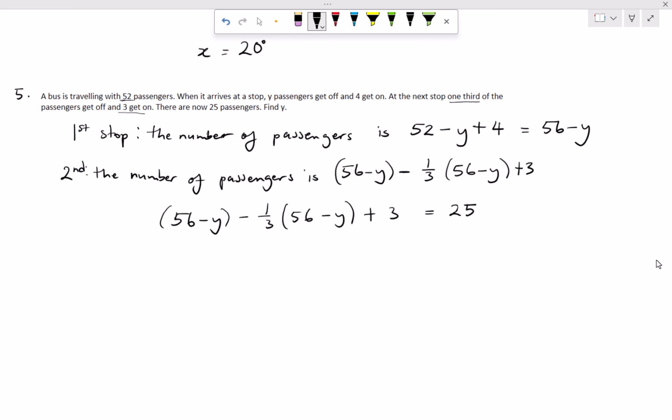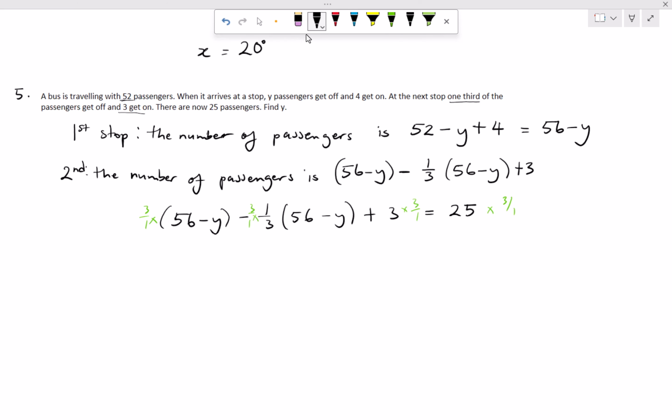Now we have a fraction right here, and we want to get rid of this fraction. So we are going to multiply everything that we have by 3 over 1.